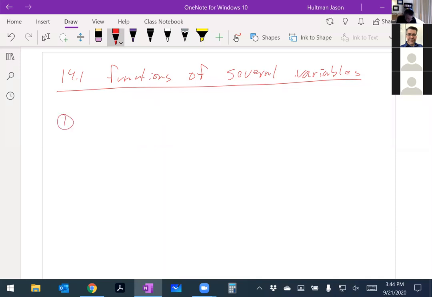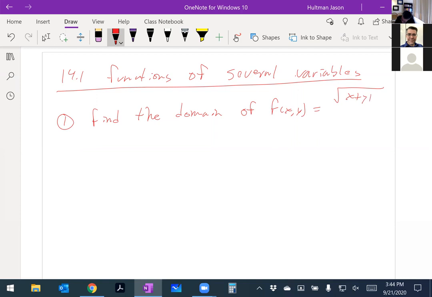Okay, number 1, find the domain of f of x, y equals the square root of x plus y plus 1, all over x minus 1.